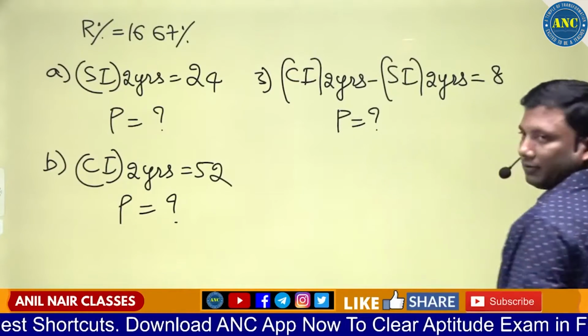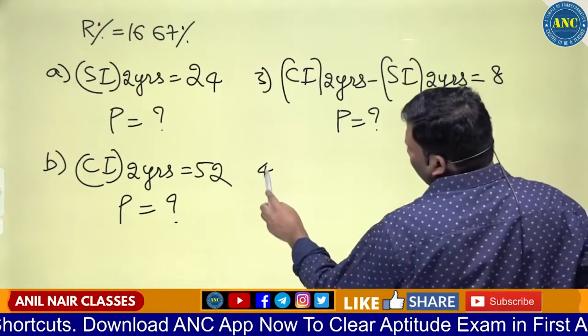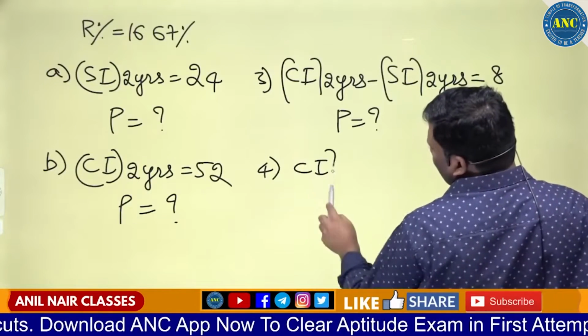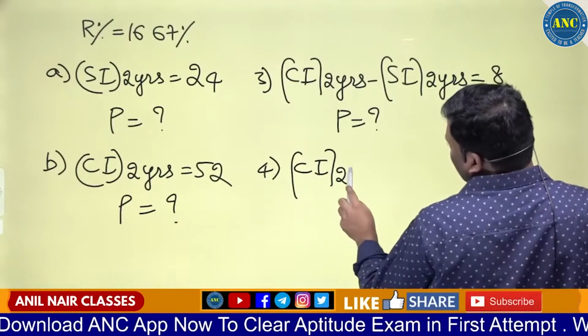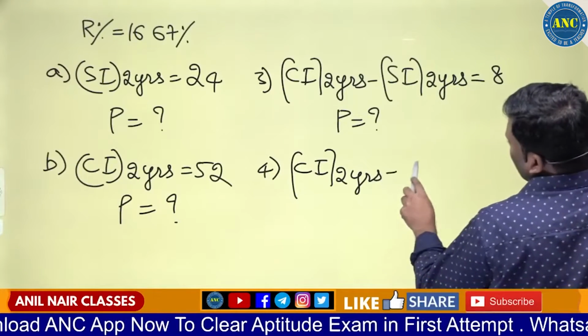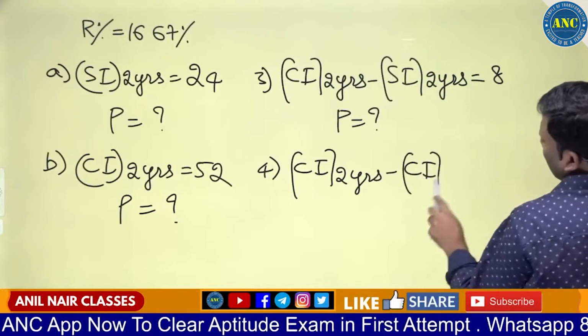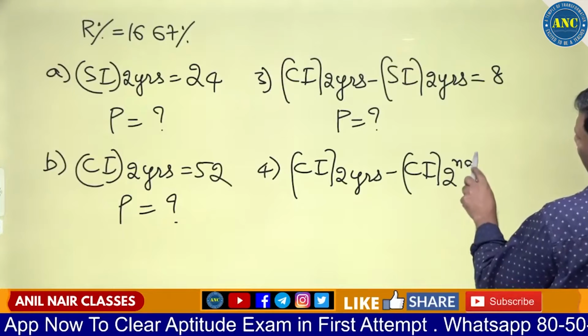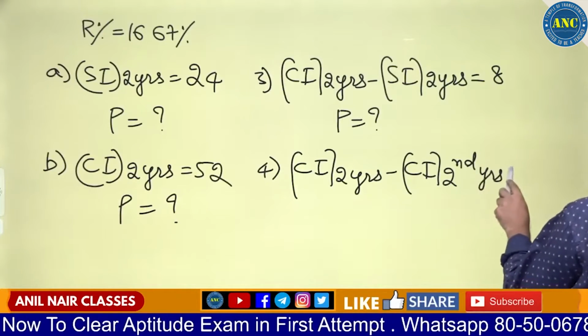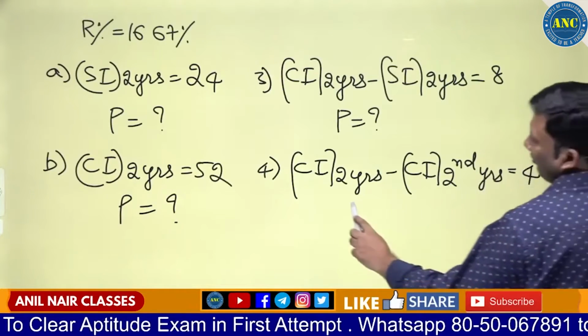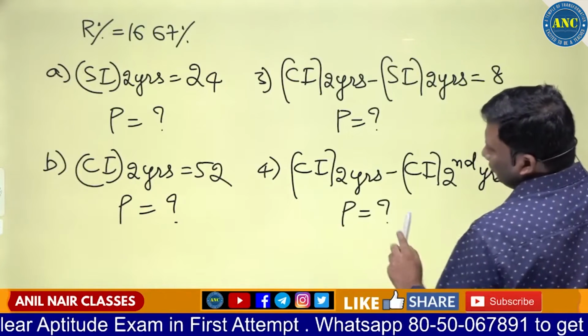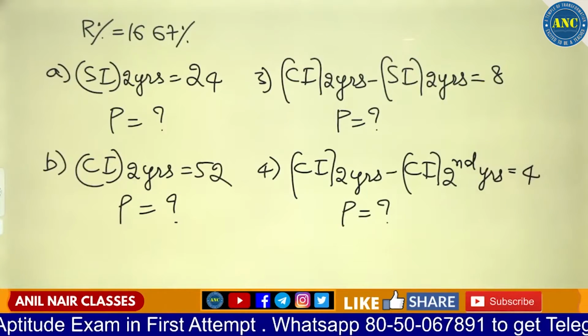Find P value. SI for 2 years minus CI for second year, 4. Find p value.